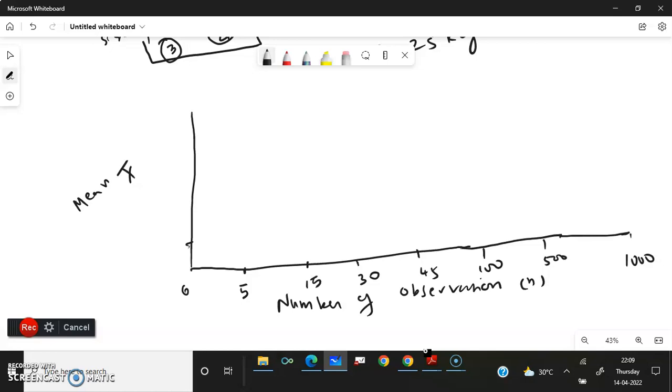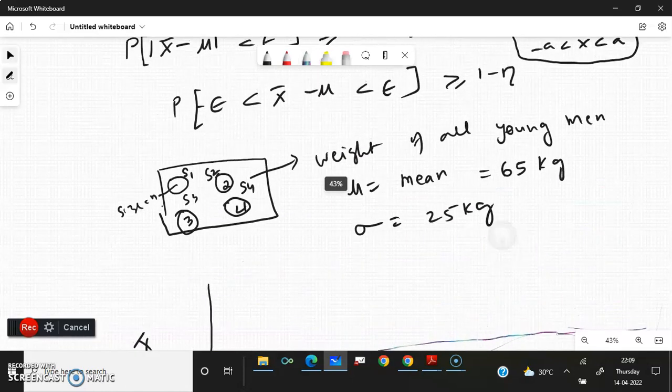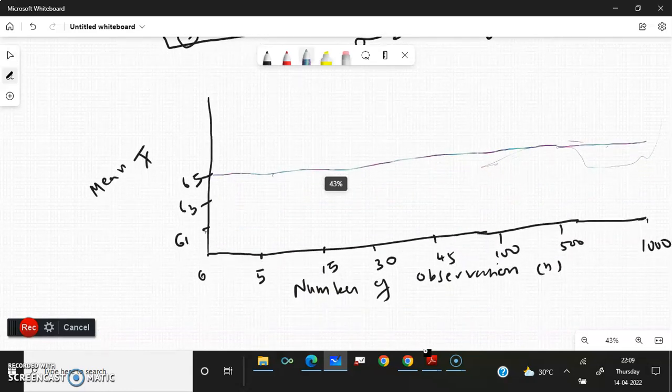Here I am taking the values 61, 63, 65. Actually, 65 was my population mean, right? That is what we took now. Population mean equal to 65.